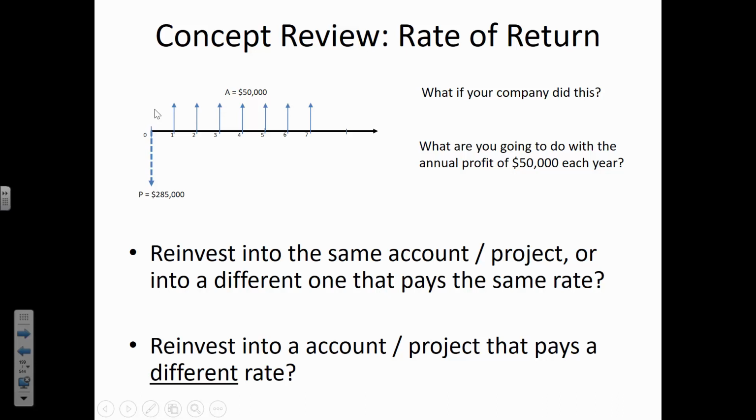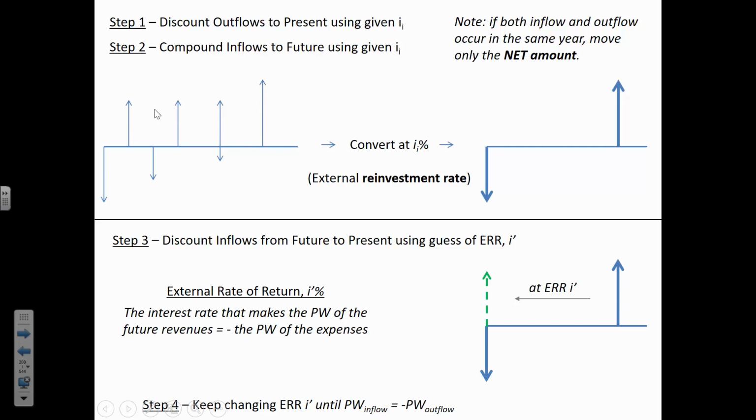This is kind of the need. This explains, or summarizes again, why we have to have two different methods for developing the rate of return. So here is that visual summary of what we were doing when we were calculating the external rate of return. Remember that the method was we discounted all of the costs to the present and compounded the revenues to the future, so that we were aggregating all of the outflows to P, the present, and aggregating all of the inflows to the future date.